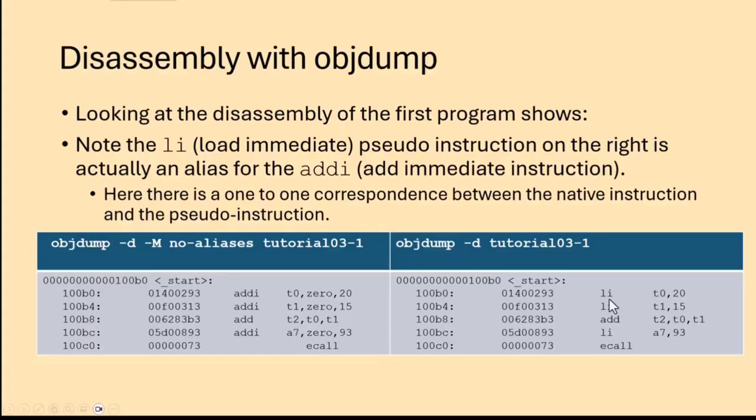In this case, it's going to be fairly straightforward. This load immediate will translate across into add immediate. Then we look at the add instruction. And then load immediate here translates into add immediate A7 with a 0 and 93. And, again, we're going to go through a little bit more complexity in a moment.